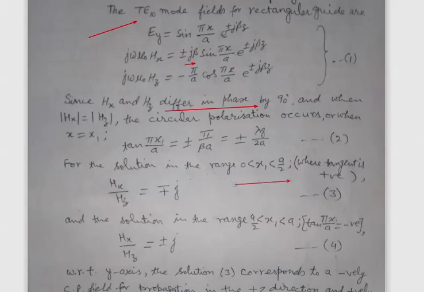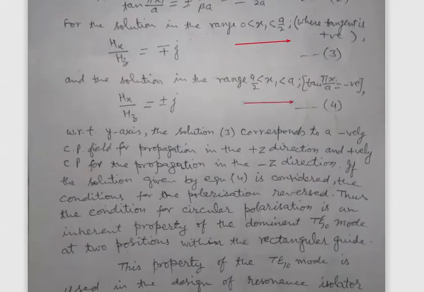And also if we take the value of x1 in the range x1 greater than a by 2 and less than a, then the value of tangent of pi x upon a will be negative, and if we use this negative value of the tangent in equation number 1 to find the ratio of Hx to Hz, then it comes out to be plus minus j, shown by equation number 4 with respect to the y-axis.